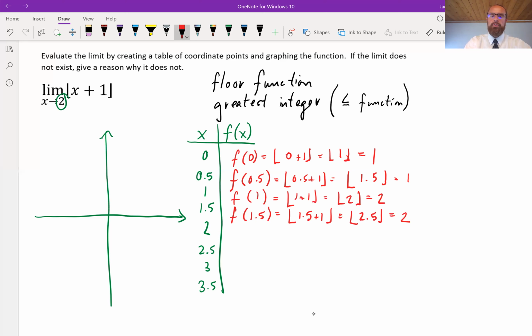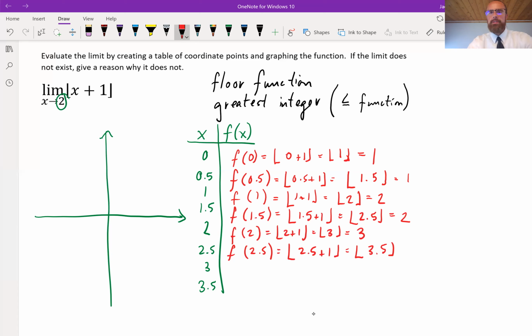So we can start seeing a pattern here. F at 2 is going to be floor function 2 plus 1, which is floor function of 3. And the greatest integer less than or equal to 3 is 3. F at 2.5 is 2.5 within the floor function plus 1 is 3.5. And the greatest integer less than or equal to 3.5 has got to be 3.